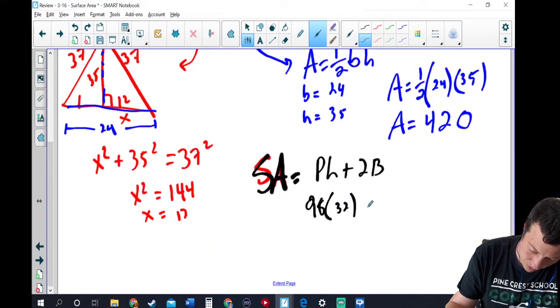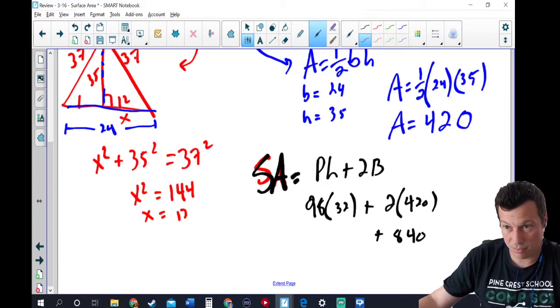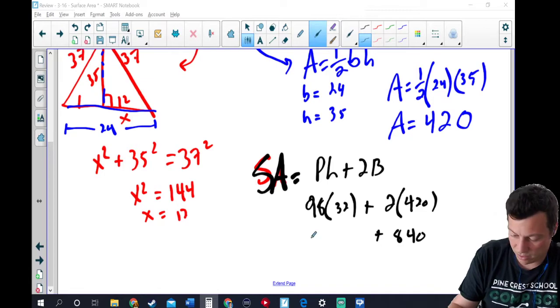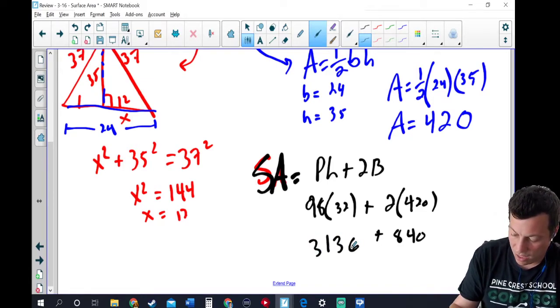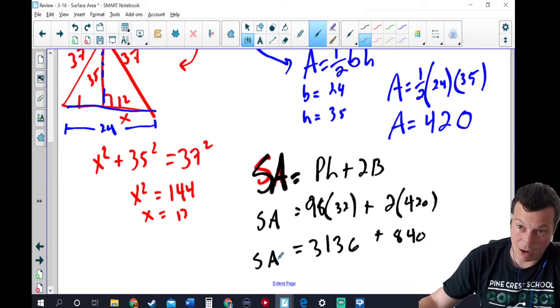We know our height was 32. And we know two of those bases together, we get 840. And then 98 times 32 is 3136. Again, I'm just doing calculations now. It just becomes a matter of calculating.